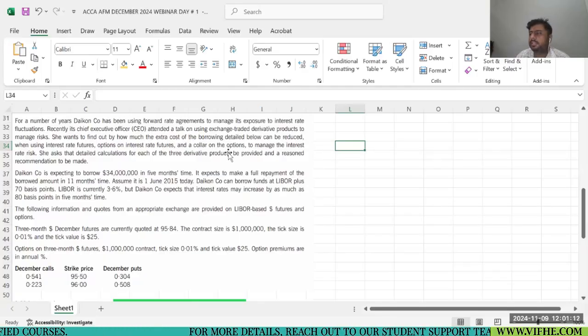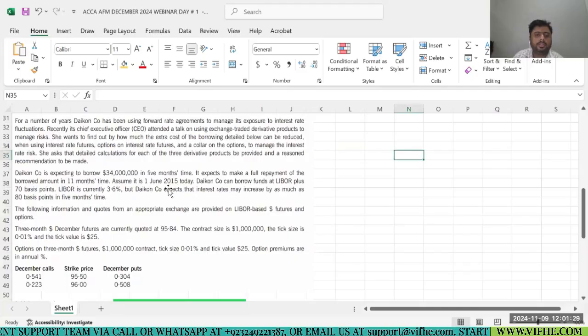So what is effectively the borrowing period? For how long is the borrowing taking place? 6 months.